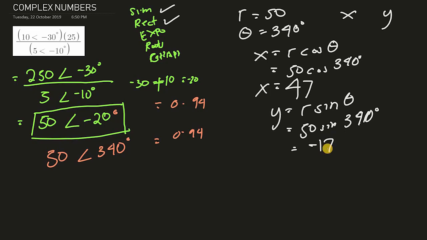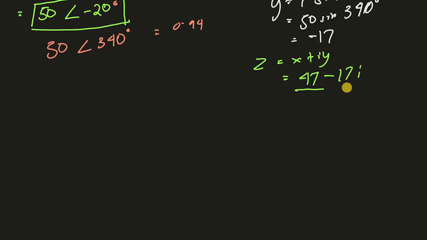Okay, so writing that in rectangular form, which is z is equals to x plus iy, our x value is 47, and our y value is equal to negative 17. So this is not positive anymore. This is negative 17i. Okay guys, dito, pwede nating ma-identify kung ano yung real part and imaginary part. We know that this is the real part, this is the imaginary part. So real part is equals to 47. The imaginary part is equals to negative 17. Alright?